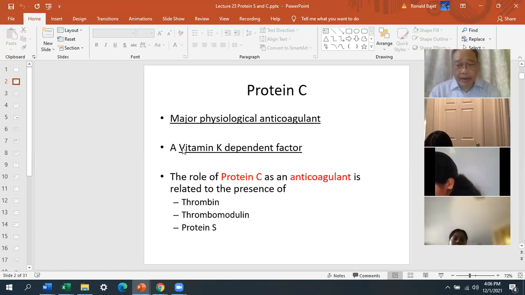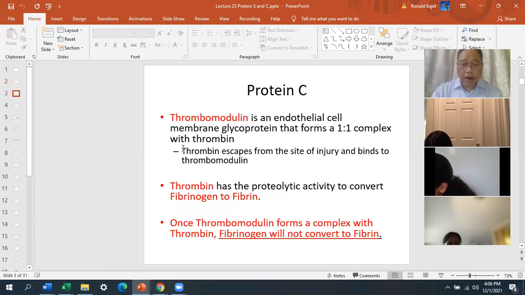It's a vitamin K dependent factor. The role of protein C is as an anticoagulant. Remember, with respect to the coagulation cascade, no clot is formed. And it's related to the presence of 3 things: thrombin, thrombomodulin, and protein S. Thrombomodulin is found in the endothelial cell membrane, a glycoprotein that forms a 1-to-1 complex.